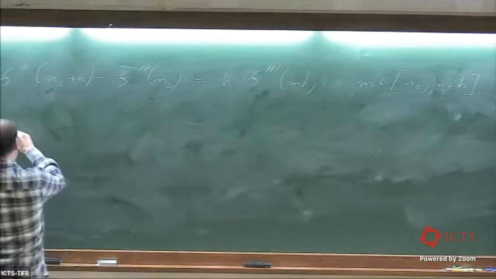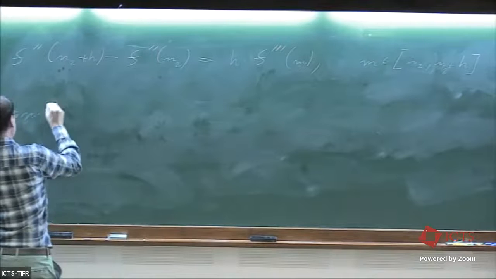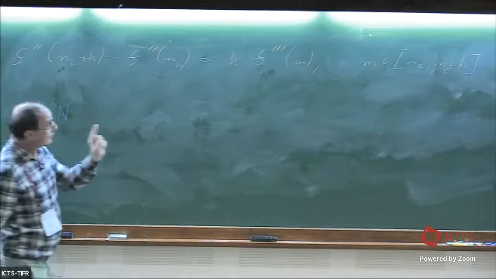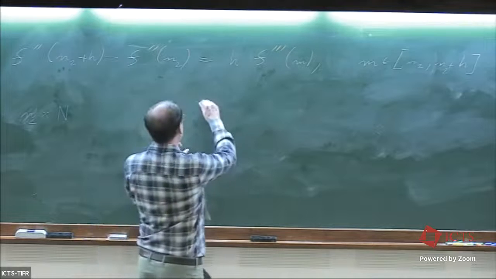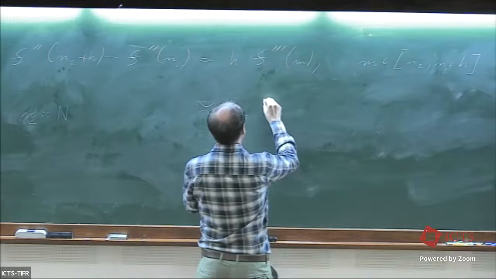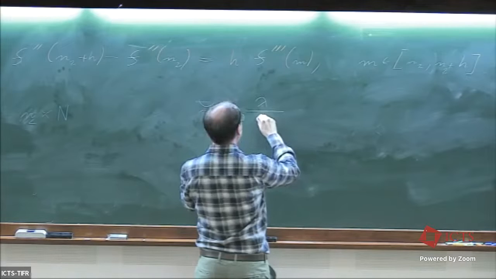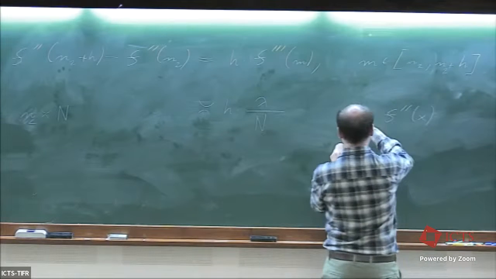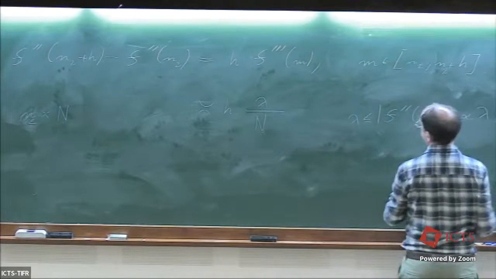If you have n in the range of capital N, then the third derivative will be smaller than the second derivative by a factor of N. So typically we have h times the size of the second derivative divided by N, where we use the assumption as in the van der Corput lemma.